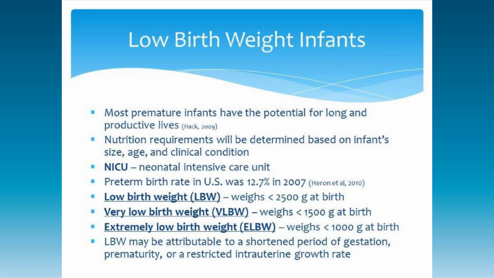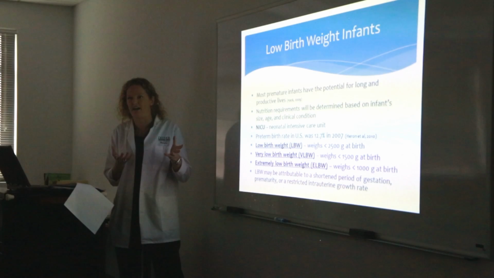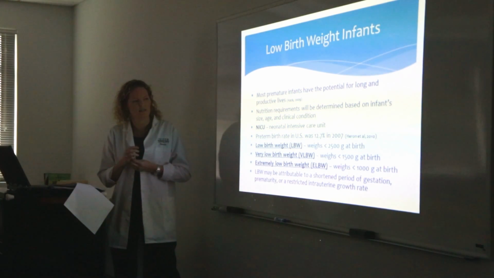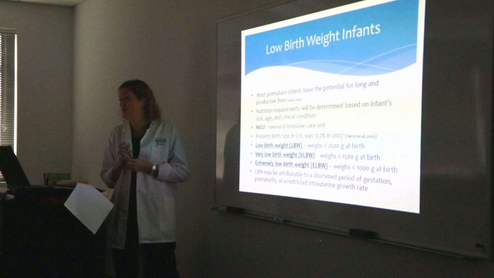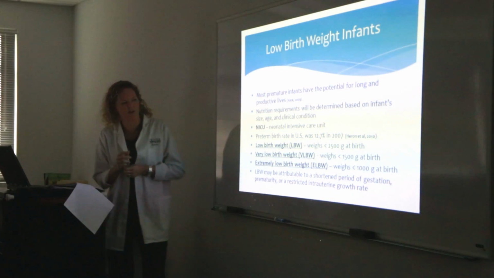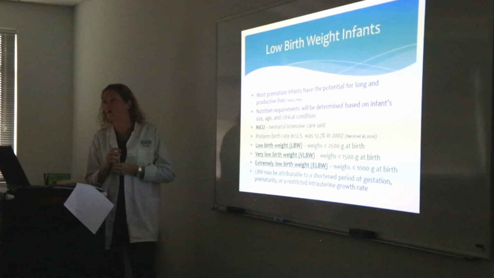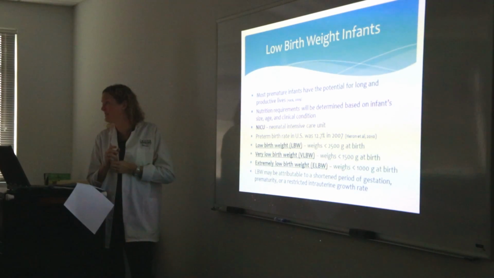So that's 2.5 kilograms, roughly 5.5 pounds. Your very low birth weight infant weighs less than 1,500 grams at birth, which is 1.5 kilograms, so that's a little over 3 pounds. And then your extremely low birth weight infant weighs less than 1,000 grams at birth, so that's 1 kilogram, and 1 kilogram is 2.2 pounds, so that's a really small baby.